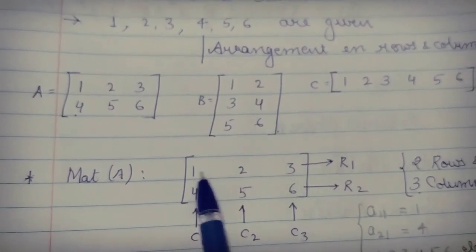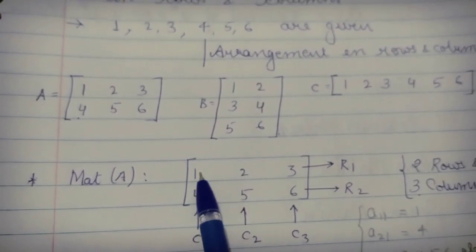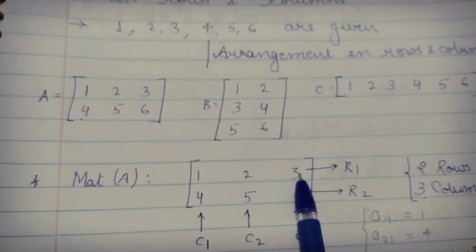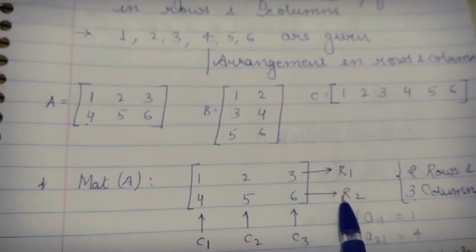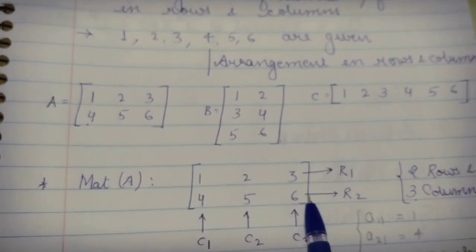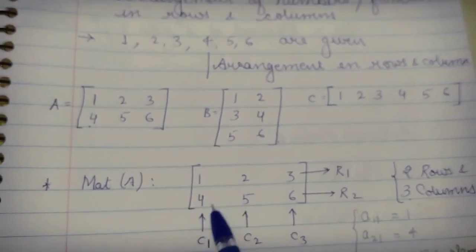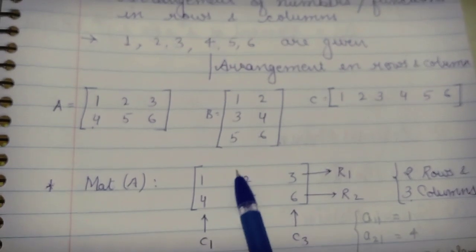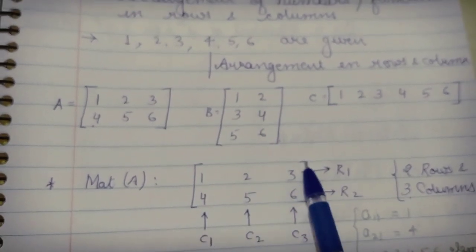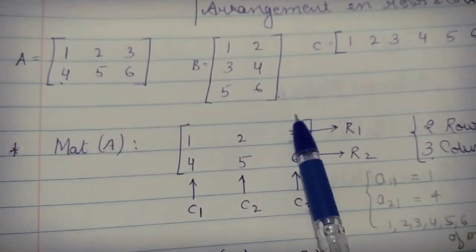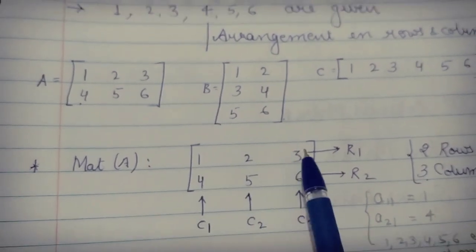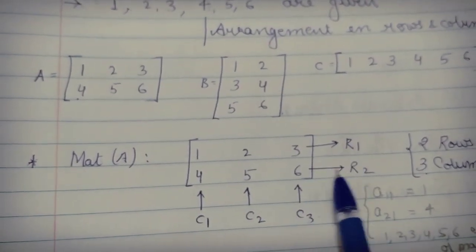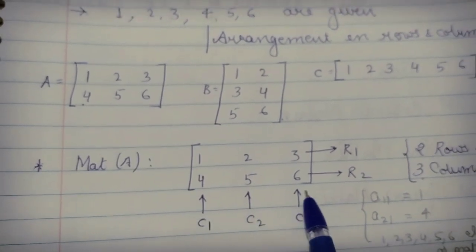This is the first row, and the first row involves 1, 2 and 3. This is the second row. This one is the first column, this one is the second column, and this is the third column. That means the given 6 numbers are arranged in 2 rows and 3 columns.